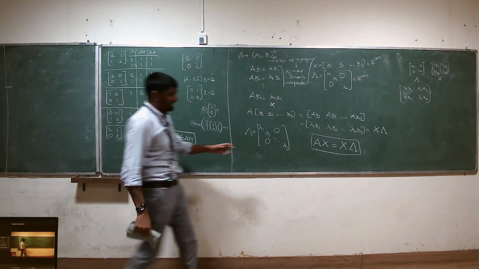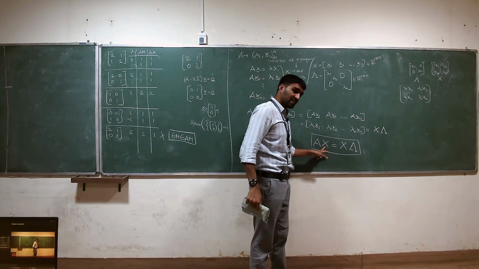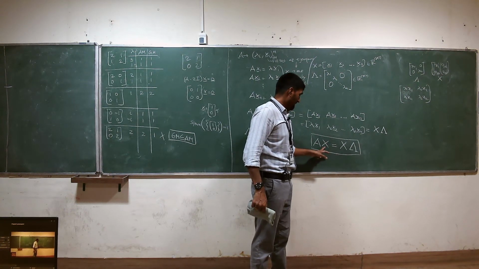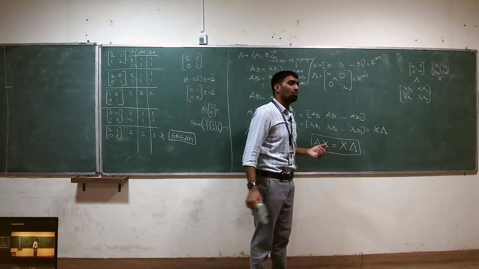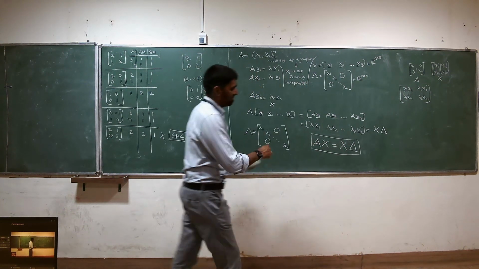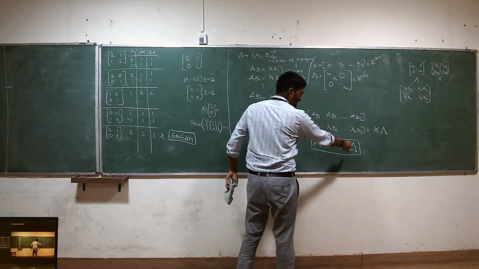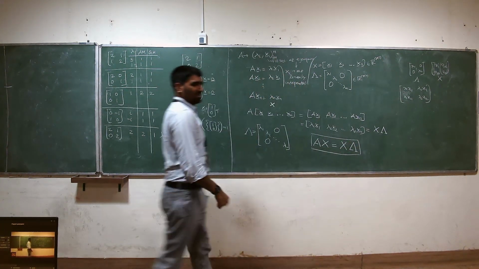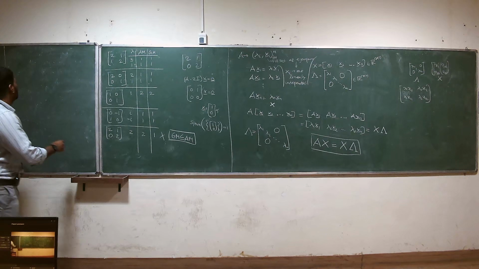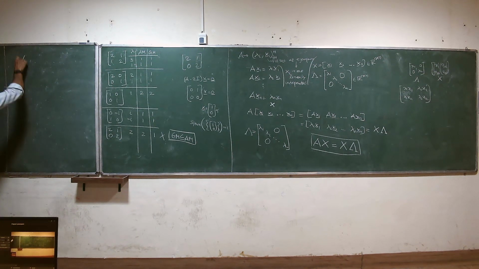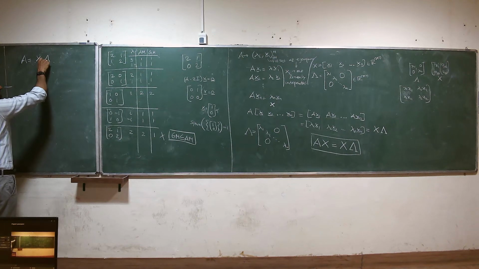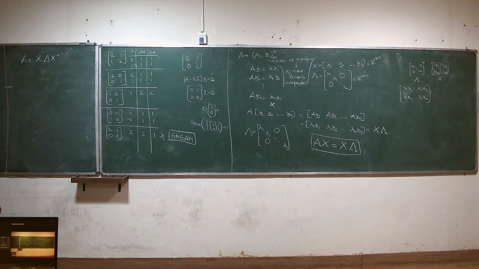If the rank is n and it's square, that means X inverse exists. And let's say I want to move X to this side. How do I move it? If I move it, what will I get? So I have A, I'll get X lambda X inverse. Why not X inverse X lambda?